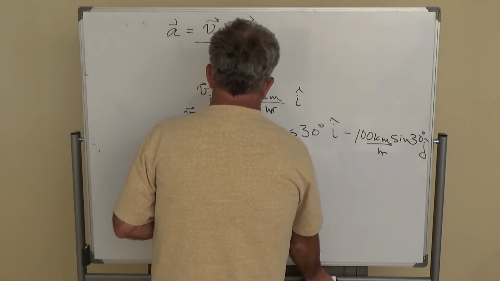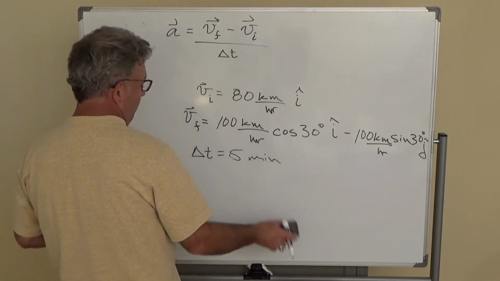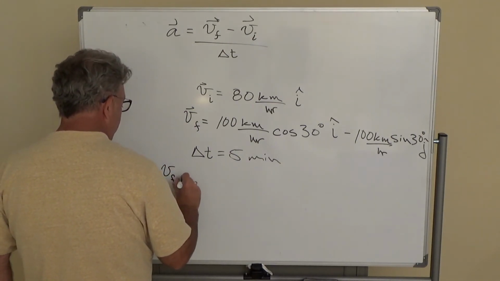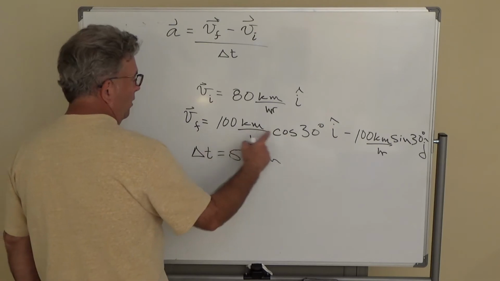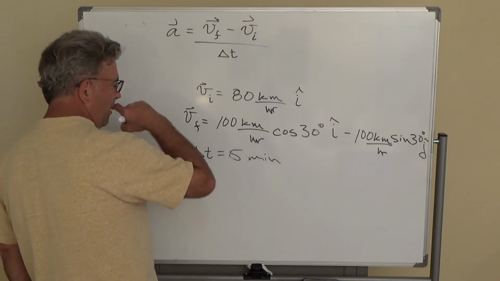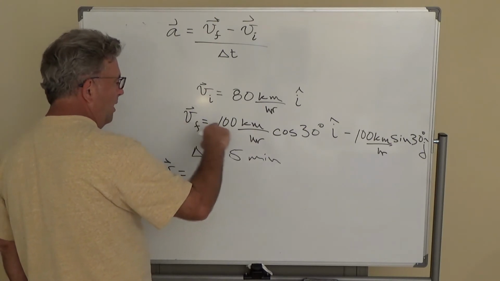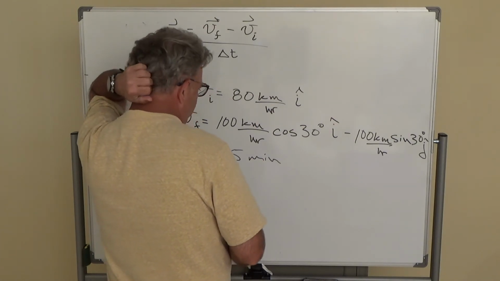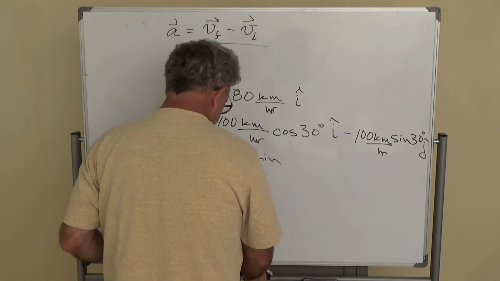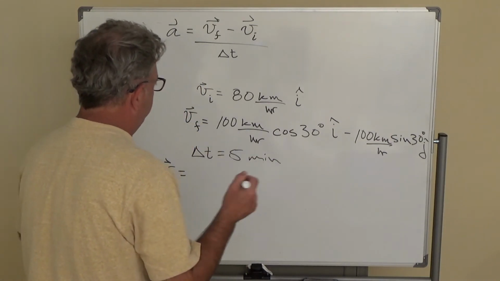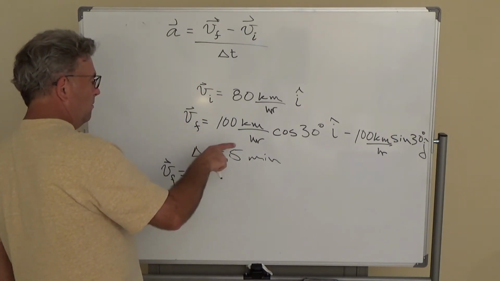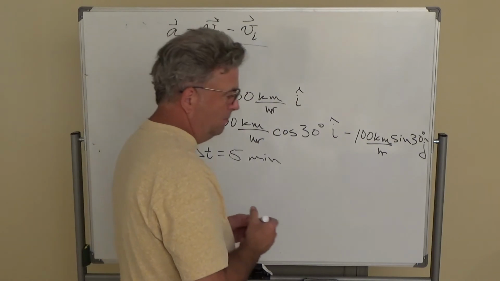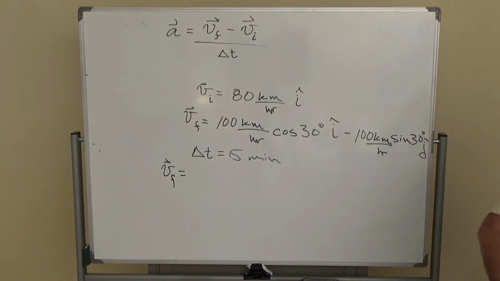Okay? So let's write this out. V final, I'm going to get the numbers for this. V final is 100 cosine 30. What did we have before for that? Oh, we didn't have that, did we? Cosine 30 is square root of 3 over 2. I think this should be 70 point something. What do you get for this? 100 cosine 30. 70.7?